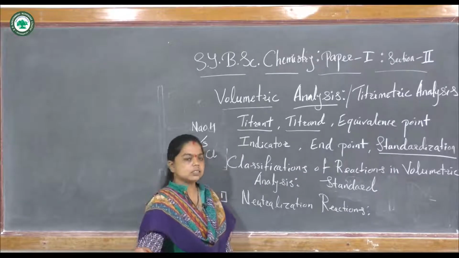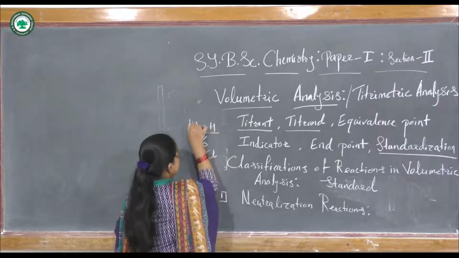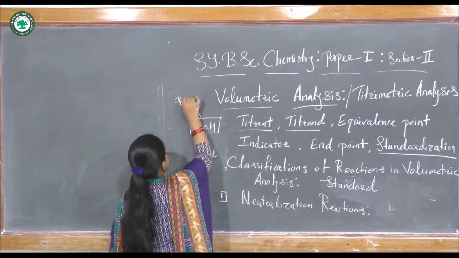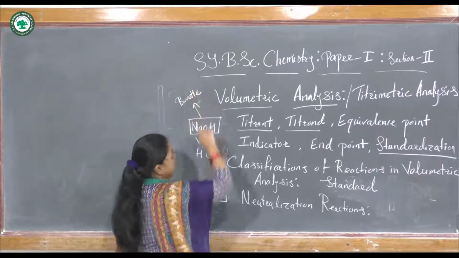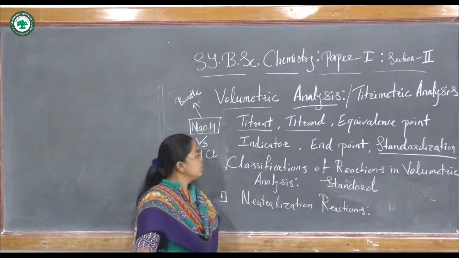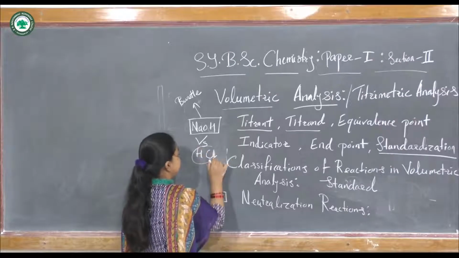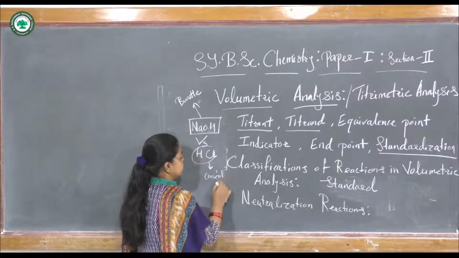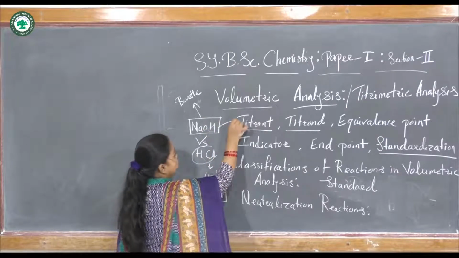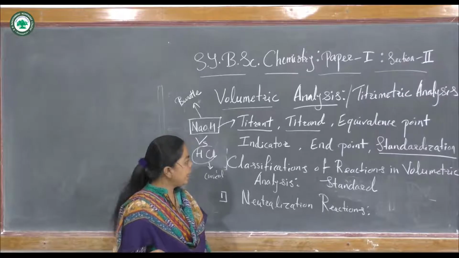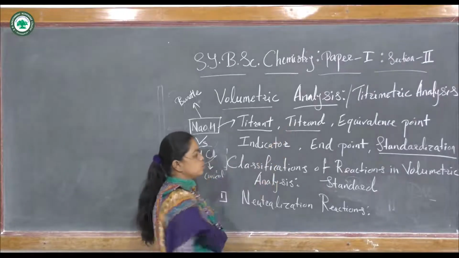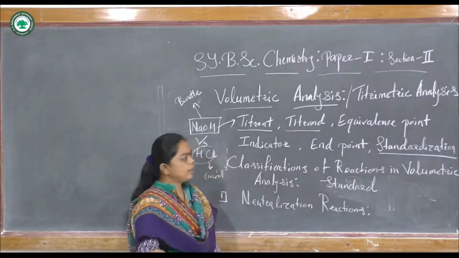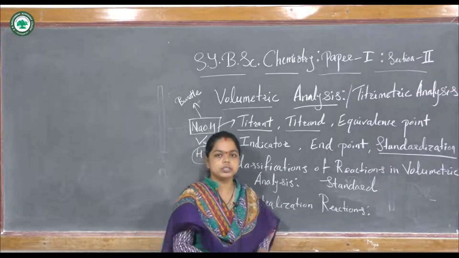In that case, NaOH, whose exact concentration is known, is taken in the burette, and HCl, whose concentration is to be determined, is taken in the conical flask. So NaOH is called the titrant, and the HCl whose concentration is to be determined is called the titrand.